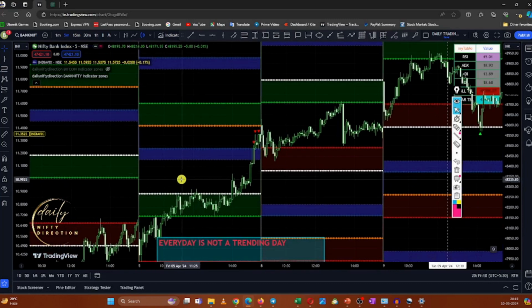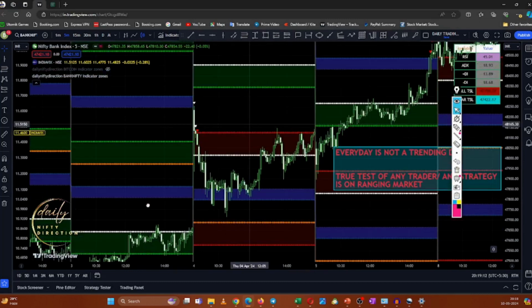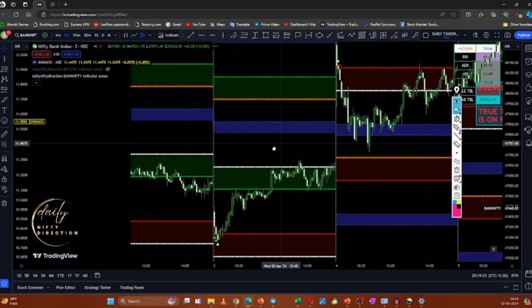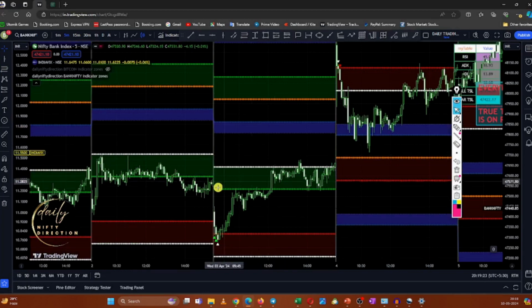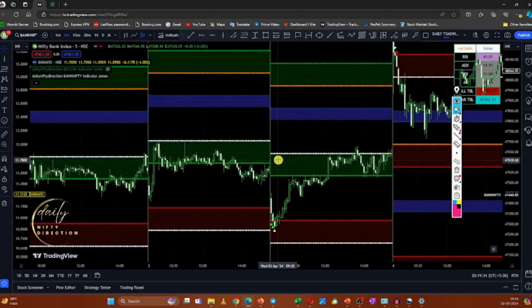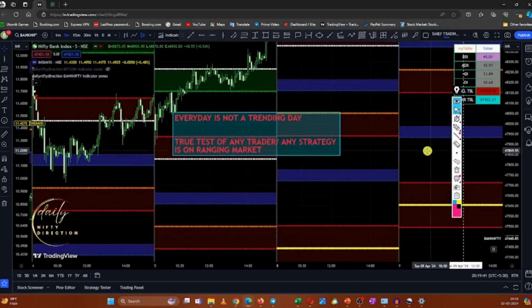For some day it might take your SL2, okay, but for the rest of the days you will be earning much better. And the true test of a strategy or the true test of a trader is in the ranging market, because everyone earns on a trending market.